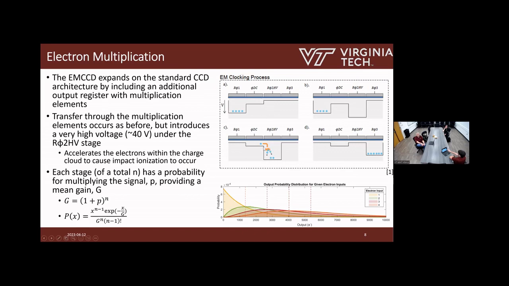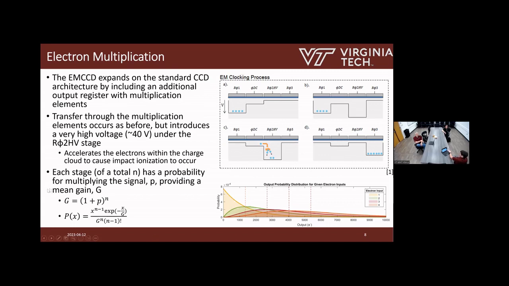That allows us to get impact ionization and multiply that charge. This provides a unique gain on our actual signal of interest that isn't reflected in the readout noise. So this allows us to amplify our charge measurement well above the levels being applied by the readout noise and make it insignificant.